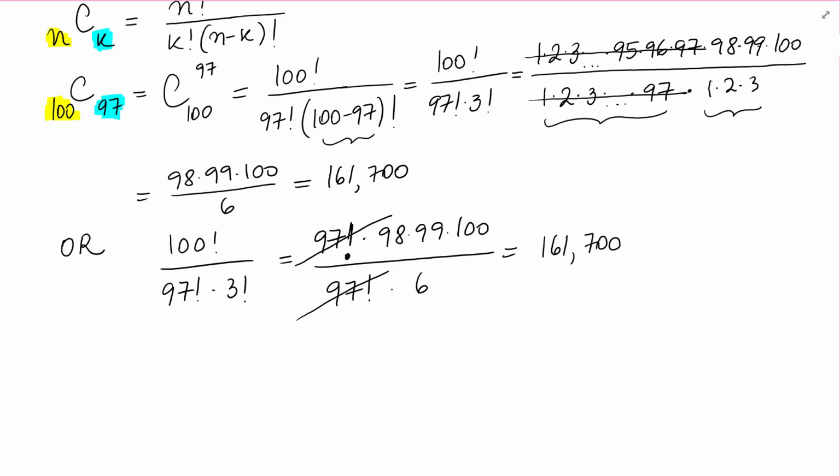So when we have larger numbers, instead of writing out the whole product, we can write the larger factorial in terms of the smaller one. So 97 factorial is used to write out 100 factorial.